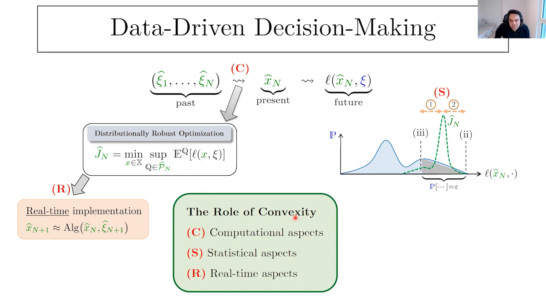It is rather trivial to say by now that convexity helps for the computational aspect, arguably the largest class of problems that we can solve efficiently. But it is, in my opinion, non-trivial that the same property also helps on the statistical side as well as real-time implementation. So I'm going to focus in the rest of my talk on this last item, real-time implementation.